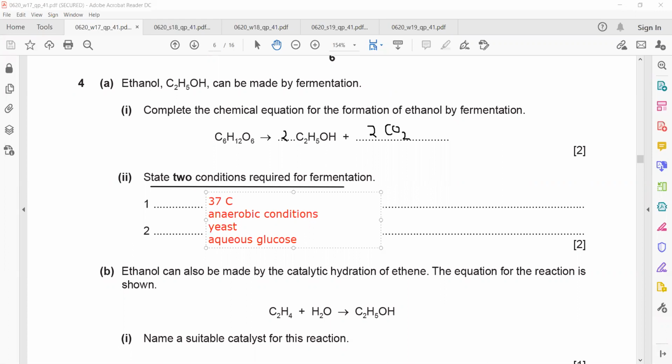Even if you mention around 30, it is acceptable. 37, 35, these are ranges. The exact temperature for an effective rate is around 37, but a range is acceptable as well for temperature.